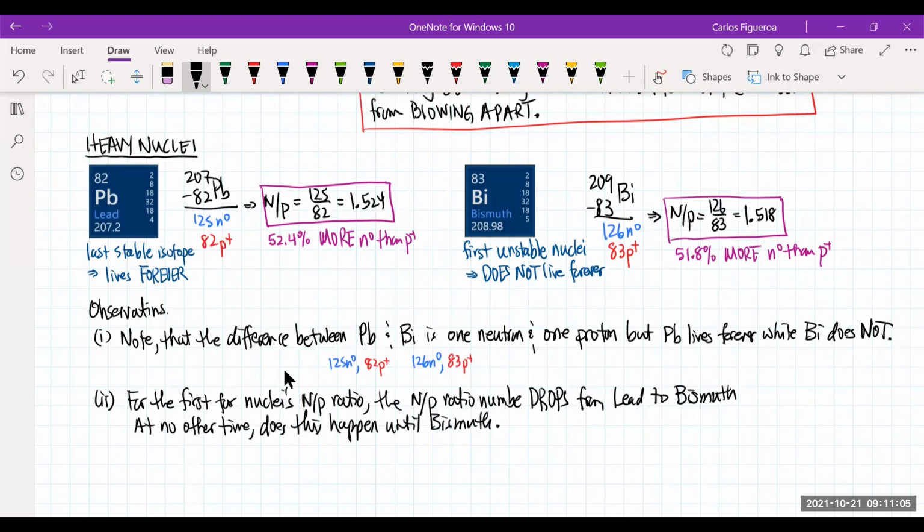So that neutron-proton ratio becomes very, very important. And what this is really telling us is that there is not enough neutron glue to keep the nucleus stable.